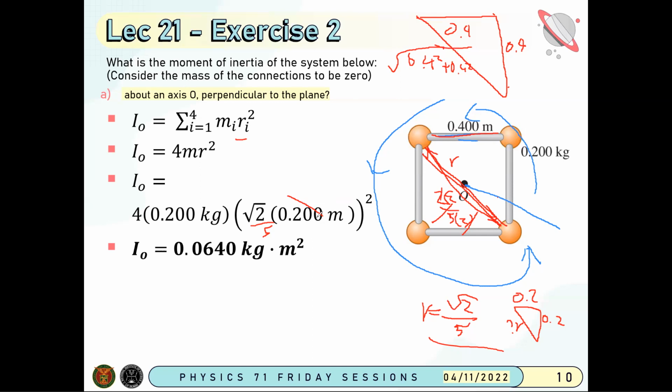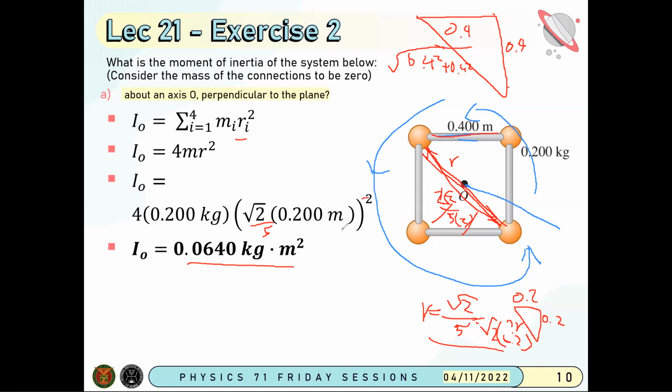Square root of 2. Okay, it's actually the same. 0.2 is correct, it is 1 over 5. Oh right, so it's the same. Square root of 2 times 0.2, it's the same. Okay? So that is correct. Square root of 2 over 5 equals square root of 2 times 0.2. Okay? So that's it.